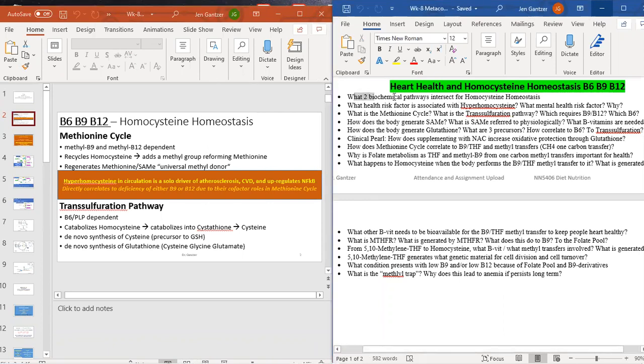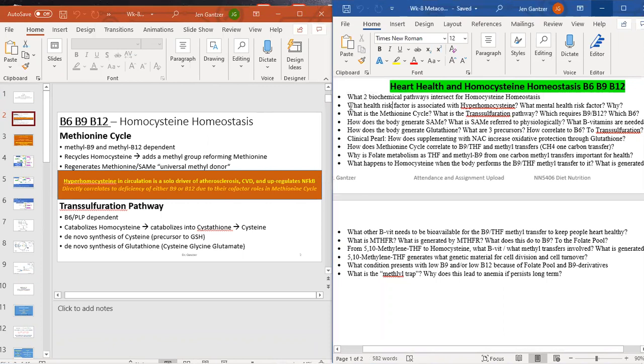Okay, what two pathways intersect for homocysteine homeostasis? I hope you see the two big bolded words. Homocysteine homeostasis is dependent on the intersection of methionine cycle and transsulfuration. Methionine cycle, transsulfuration.